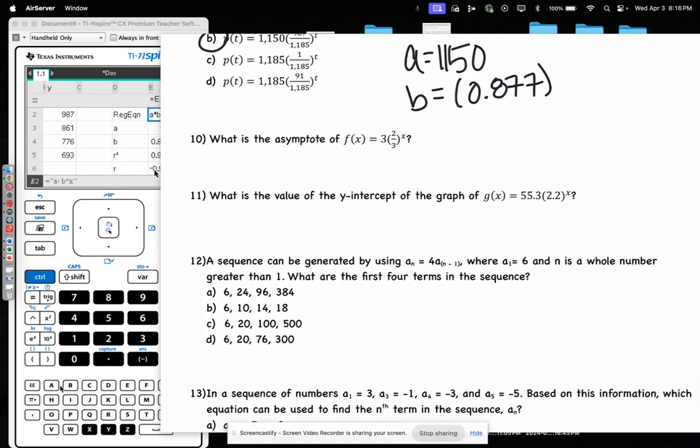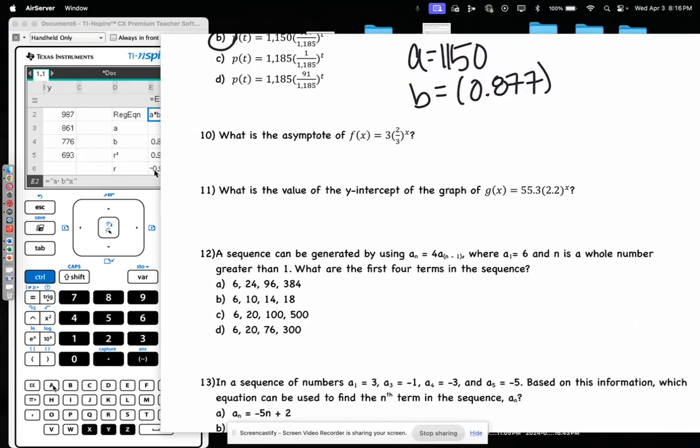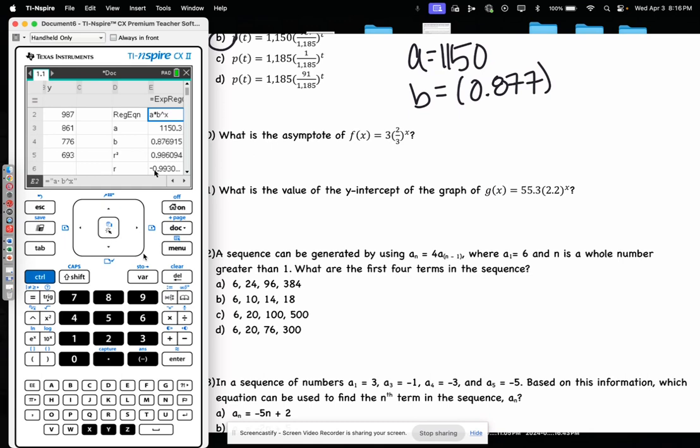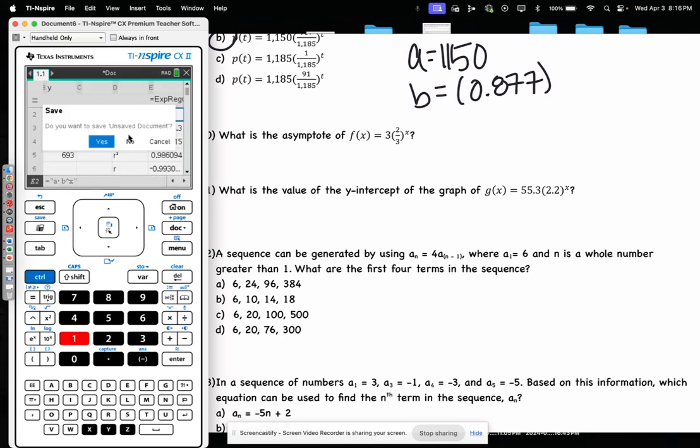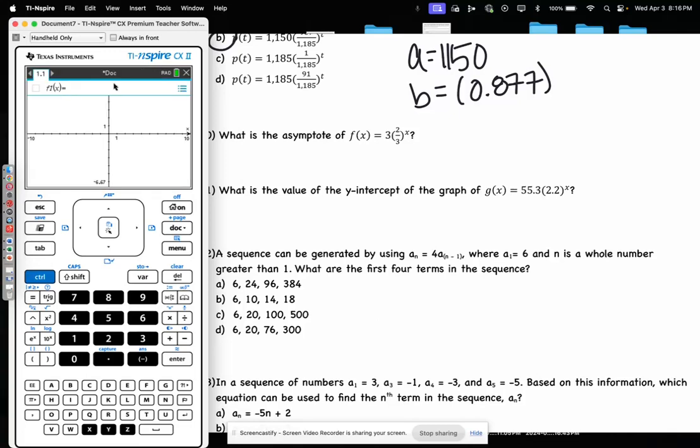All right, so what is the asymptote when we look at this graph? Again, we can simply create the graph of this and see. And again, you can also do this in Desmos.